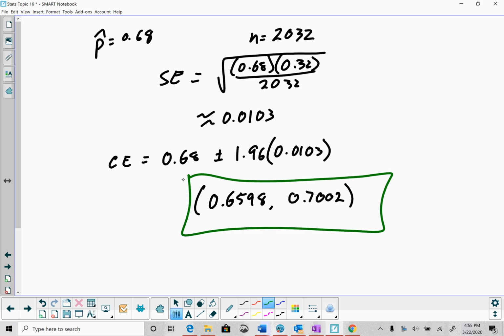That's our confidence interval. Based on the statistics from the survey, we're 95% confident that the actual proportion of kids 8 through 18 who have a television in their bedrooms is somewhere between 0.6598 and 0.7002.